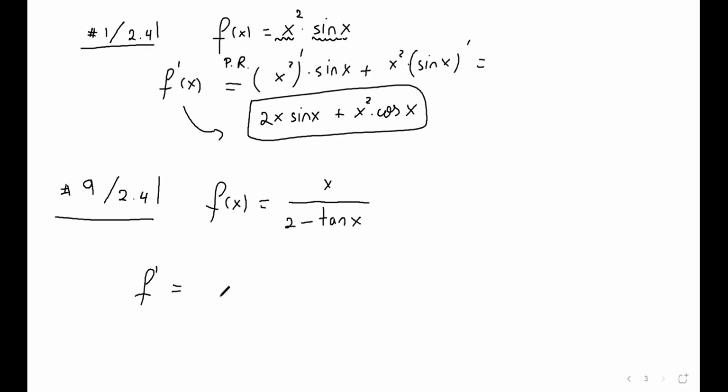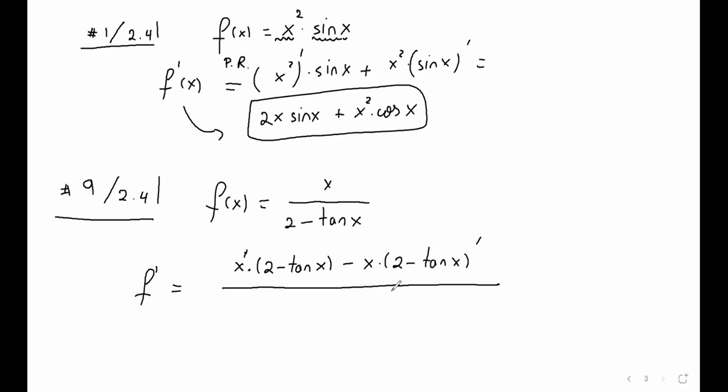So f prime is equal to x prime times 2 minus tangent x, minus x times 2 minus tangent x prime, all divided by 2 minus tangent x all squared. Remember the quotient rule: the top prime times the bottom, minus the top times the bottom prime. And we're going to do the calculation here.